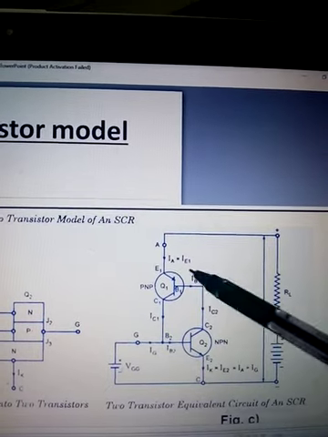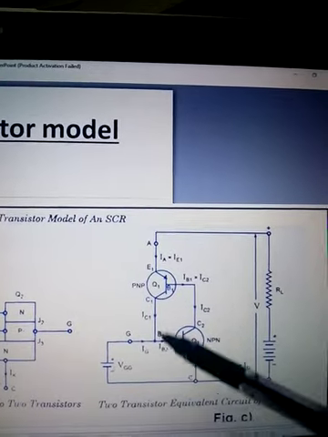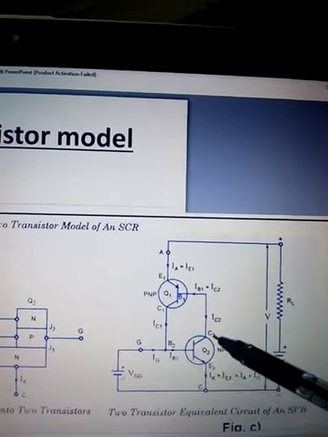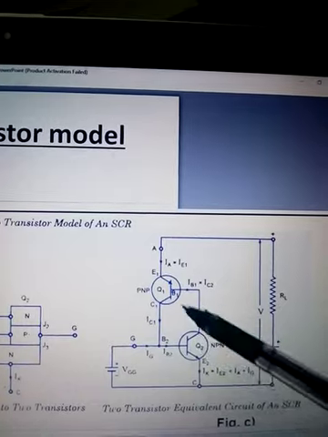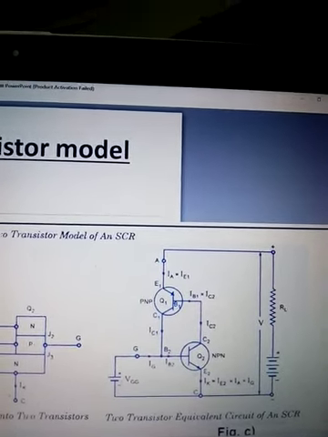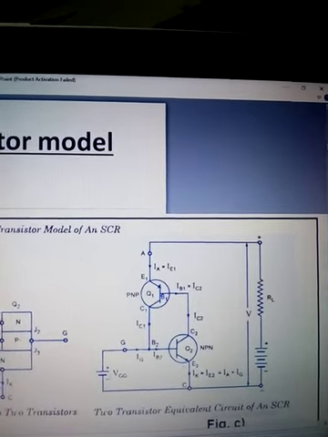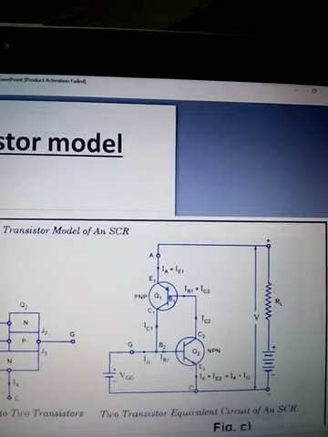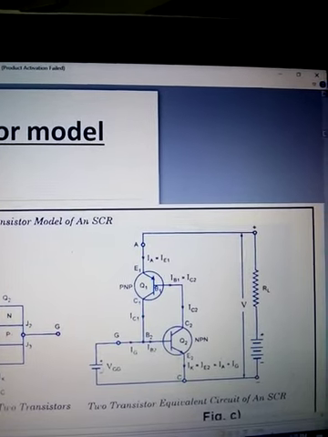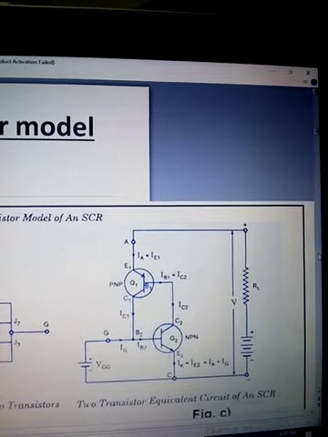Now this collector current also will increase. This regenerative action is so fast that both the transistors would be driven to saturation in a few microseconds, say around 50 microseconds. This is called the turn on time of an SCR.